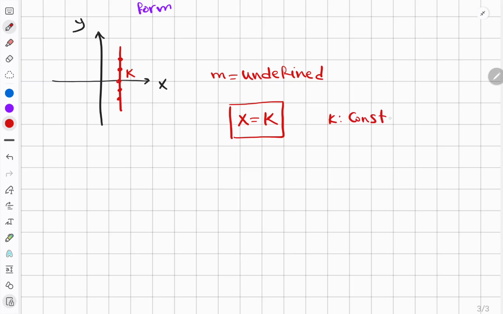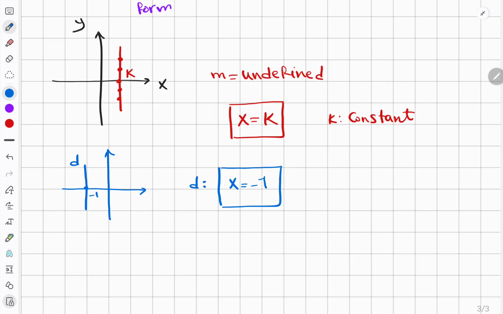It's a number. For example, we have a line like this, and this point is -1. So the equation of line D is x equals -1, because there are an infinite number of points lie on line D, and the x coordinates of all of them is -1.